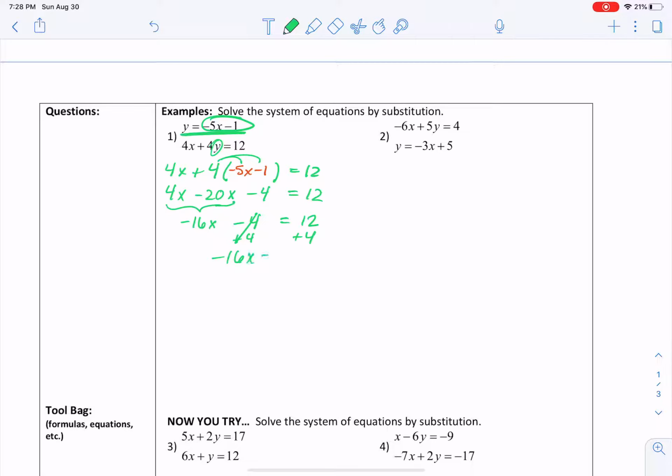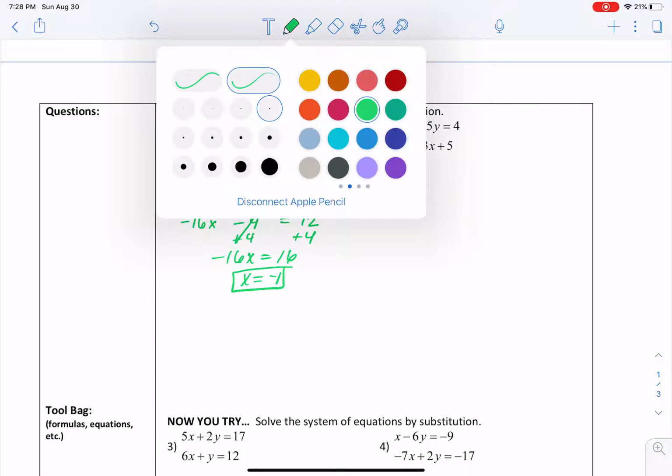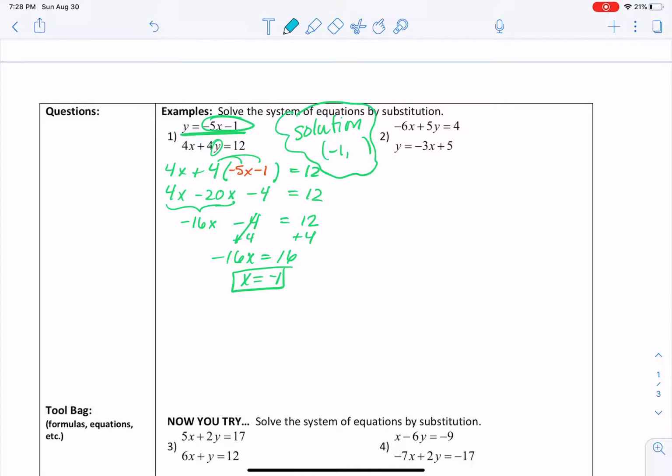Negative 16x equals 16. X is negative 1. So now I have one of my solutions, coordinates. So then I need to find the second one.